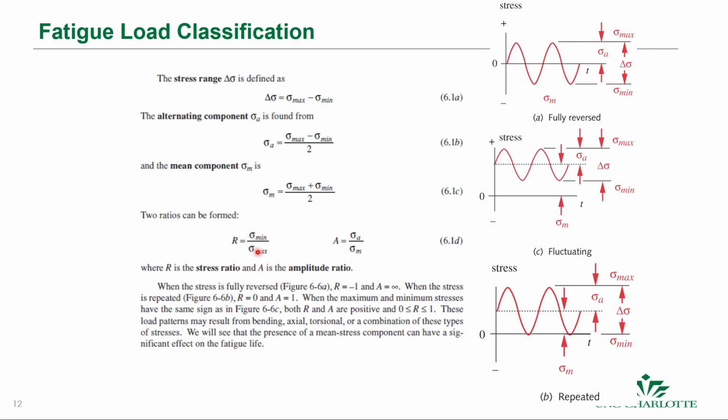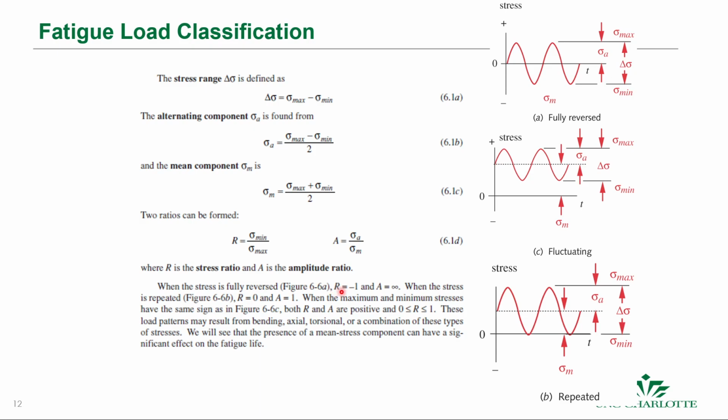Stress ratio is the min over the max, and then we have the amplitude ratio, which is the alternating stress over the mean stress. When the stress is fully reversed, then the minimum stress is minus the stress value, and the max stress is the stress value.